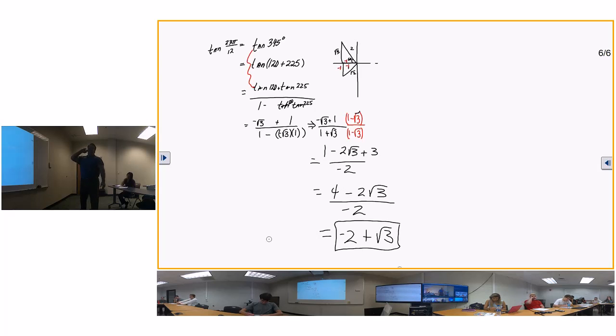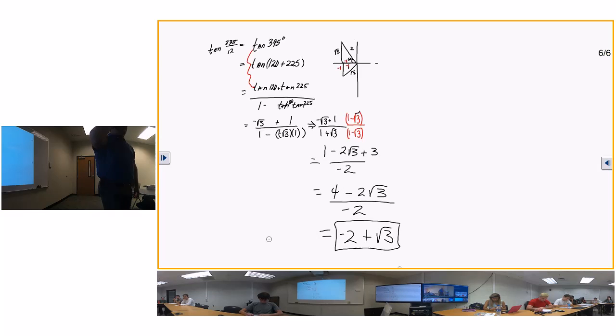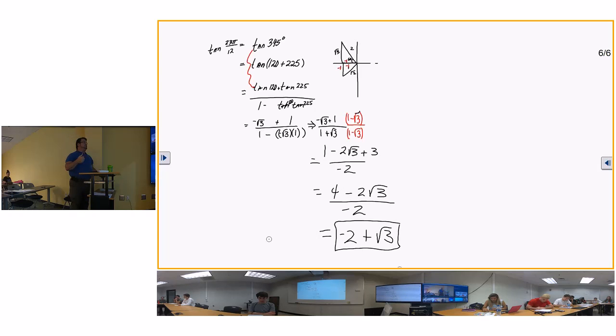Pythagorean, yes. What else? Sum to product, yes. Sum to difference, yes. Difference identity. The reciprocal identities, yes. Half angle. Basically all the identities we've covered in 9.1 through 9.3.